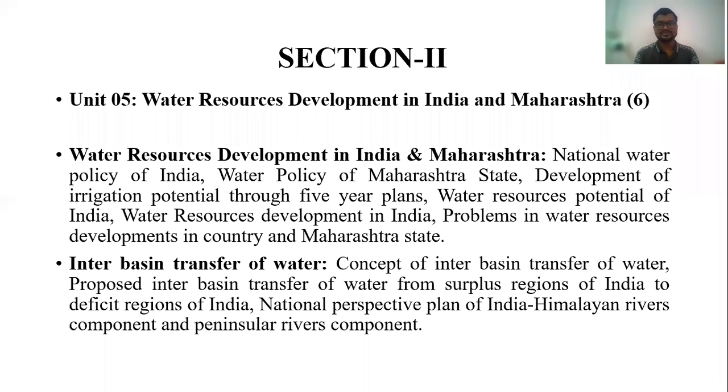Proposed interbasin transfer of water from surplus regions of India to the deficient regions of India. National Perspective Plan of India, Himalayan rivers component and peninsular rivers component. Those two plans we are going to discuss in detail now.